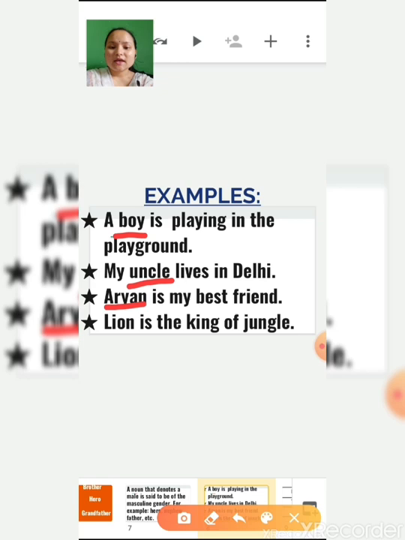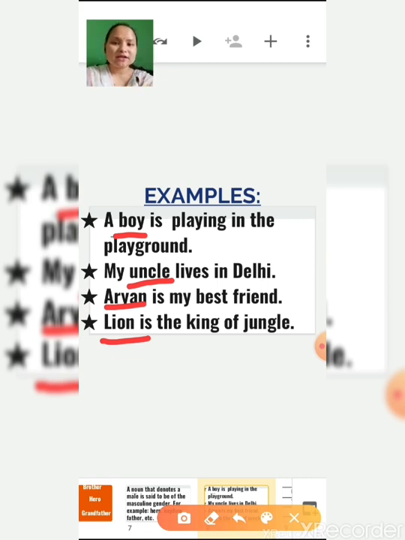Lion is the king of the jungle. So in this sentence, lion. Now children, you can see that boy, uncle, Aryan, these all are what? Human beings, right? That means we all know that human beings are classified into genders. Similarly, in the same way, animals are also classified into genders.